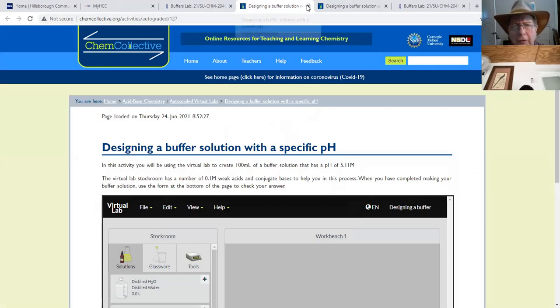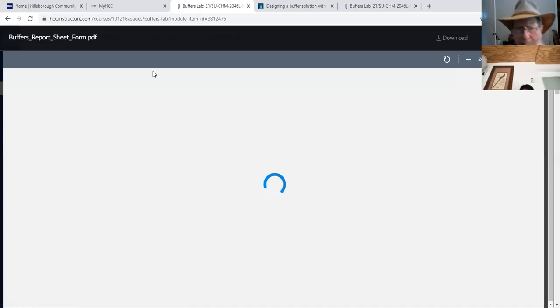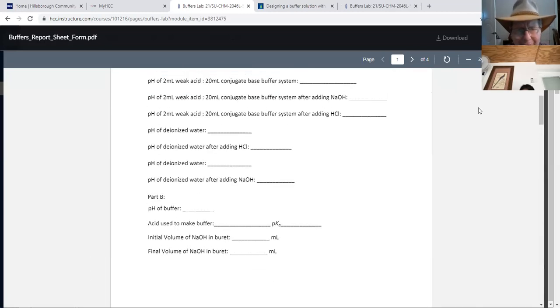Okay, let me get out of this then. All right, you're back on the procedures, right? You want the report sheet. Yeah, I'm just pulling that up. Are you seeing it? Yes. Okay. You're doing the steps in the procedure with one exception, and that is this one right here.